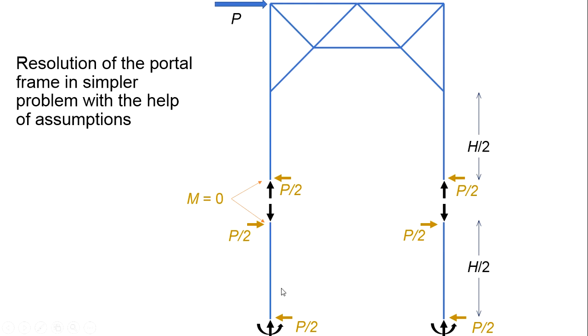At this point we know that the horizontal force is P by 2, as the horizontal force at the bottom is P by 2. So the horizontal force at this place will be P by 2, and therefore this will also be P by 2.